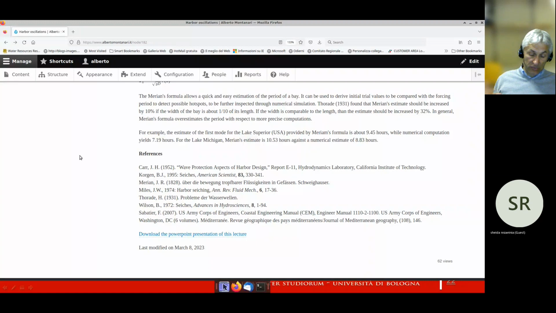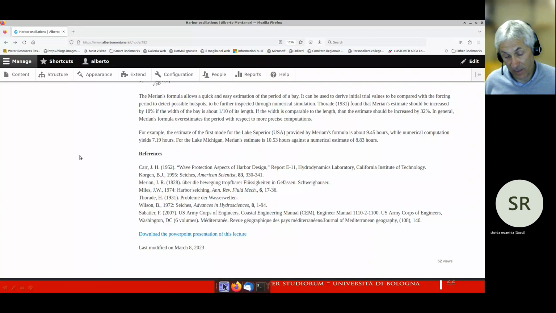Therefore, if the harbor is very small, even if we refer only to the fundamental node, the period is very short. So we are more concerned for large harbors. And large harbors, as I said, typically host large ships.